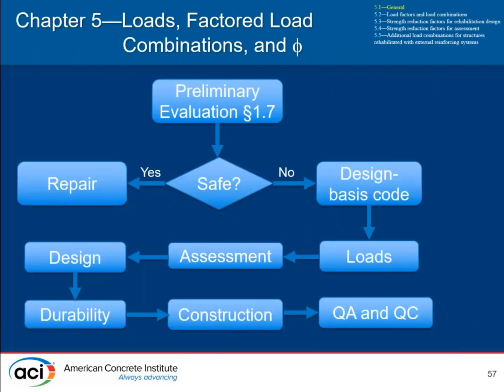So now that we've got a design basis code, and we're assuming that 562 is the design basis code or part of the design basis code, then the next thing to do is to look at loads. Loads, factored load combinations, and resistance factors are given in Chapter 5 of 562.